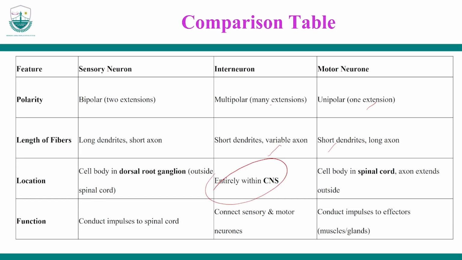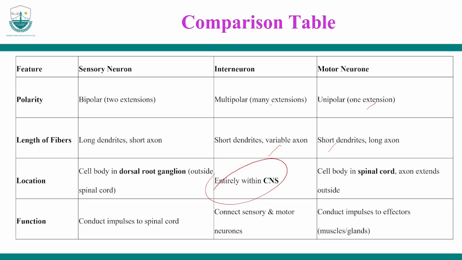Okay, and then for the motor neuron, you have the cell body in the spinal cord, and then the axon extends outside. Remember, the motor neuron is the one that takes the information for action.